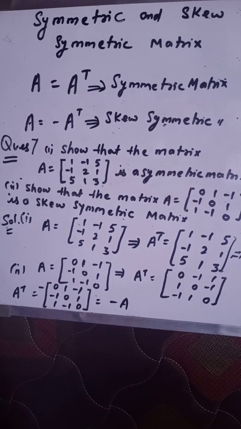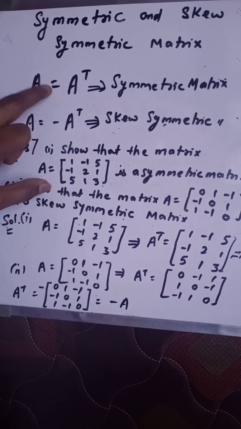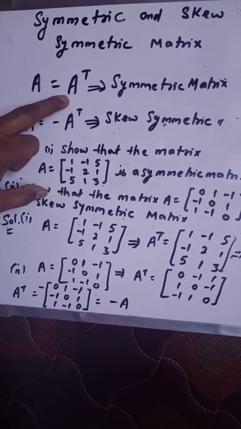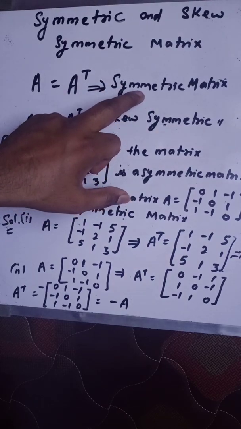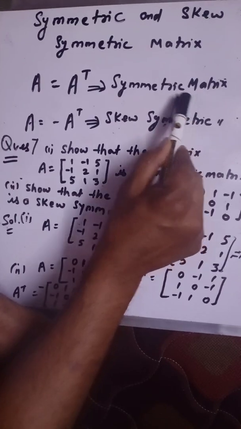Now we have to understand the concept of symmetric and skew symmetric matrix. Fine. Suppose A is any matrix. If the transpose of this matrix and the matrix are both equal, A is equal to transpose of A, that is the condition for symmetric matrix.